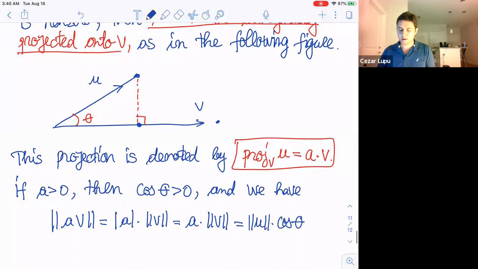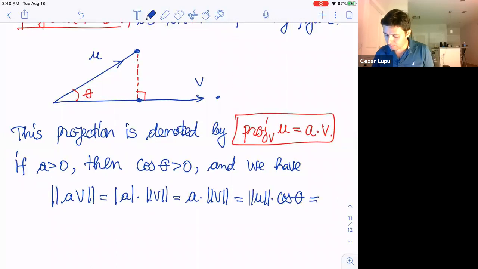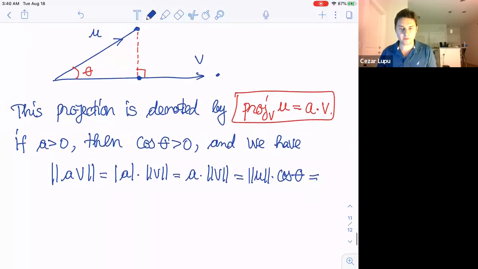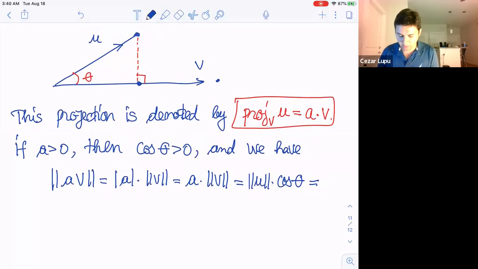Okay. And now, if we write the cosine by the definition, this will be nothing else than just the length of u times the length of v times the cosine of theta.